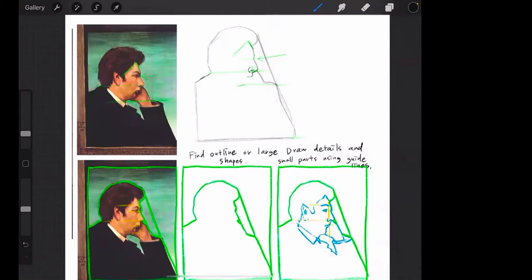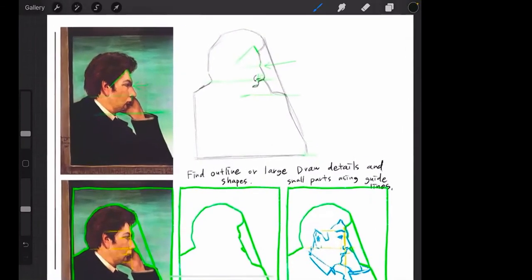The upper lip is sunk inward. I will use another guideline. So it looks like the lower lip is on the vertical guideline, meeting the wing of the nostril.